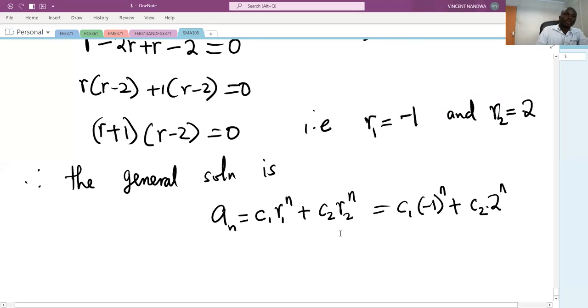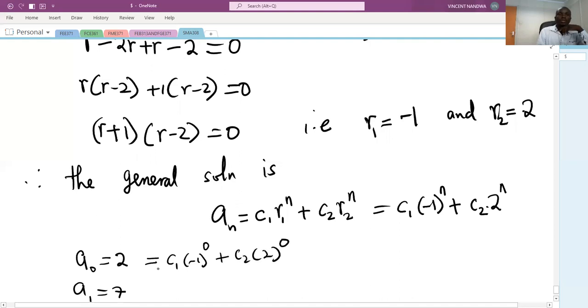We have the initial conditions in this question that a_0 is 2 and a_1 is 7. When we say n is 0, this means c1 (negative 1)^0 plus c2 2^0 gives us 2. When you simplify, (negative 1)^0 is 1, so it will be c1 plus 2^0 is 1, so c2 equals 2.